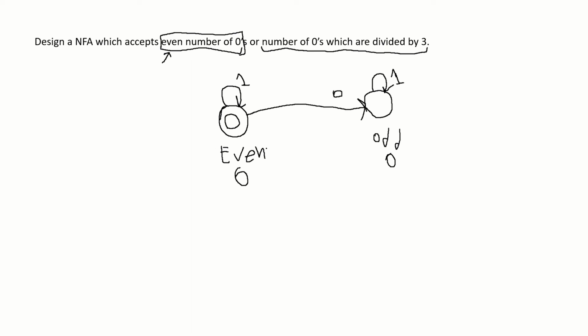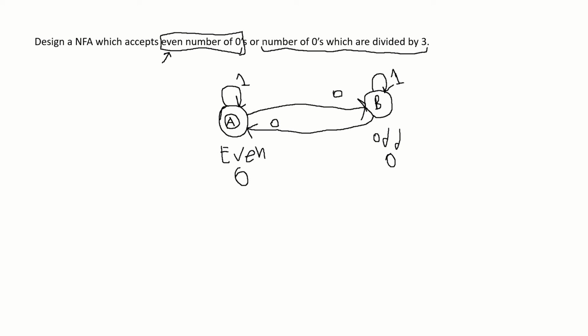So when we get a 0 from even 0, then the number of 0 will become odd. And similarly, from odd 0 to even 0, if we get a 0 from odd 0. So that's the NFA for even number of 0. So let's name these two states as state A and state B.